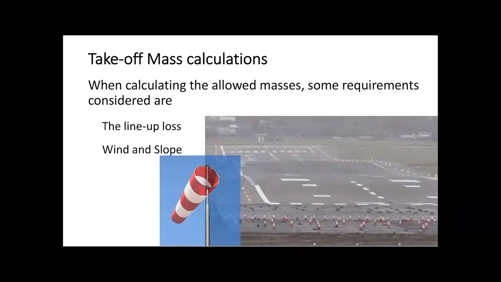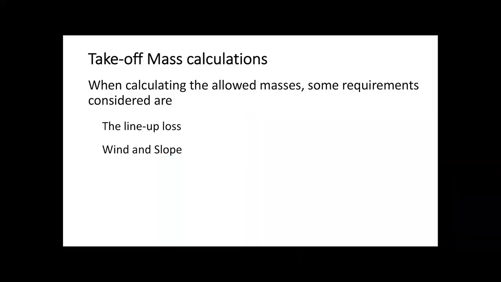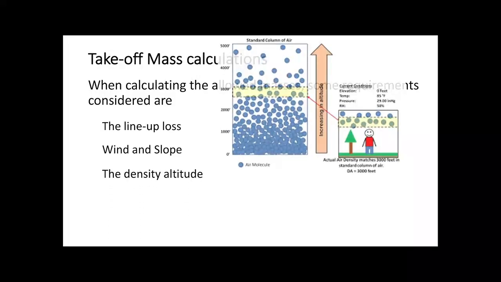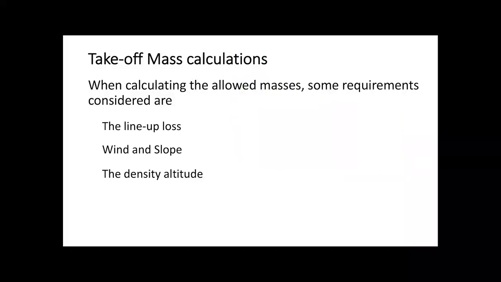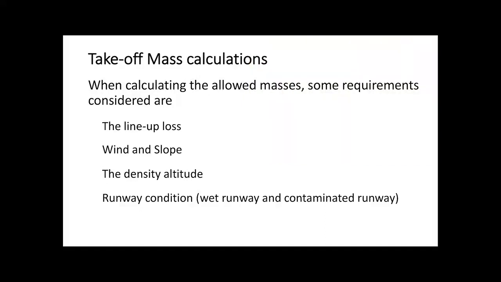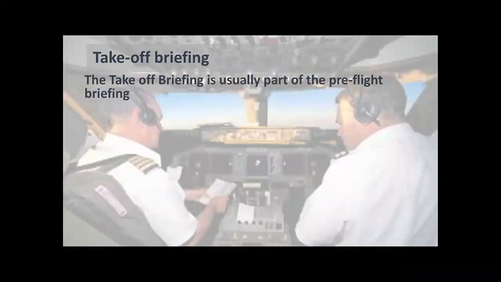You need to cater for the wind and slope. Normally, the tables include these aspects also. The density altitude, all of us know, affects our performance. And if the runway condition is other than normal, wet or contaminated, you will have issues.